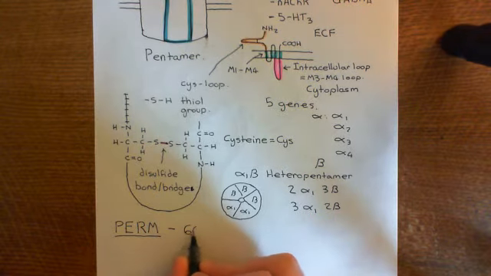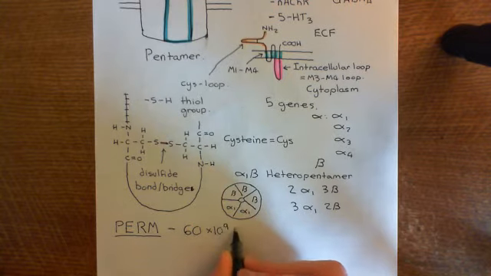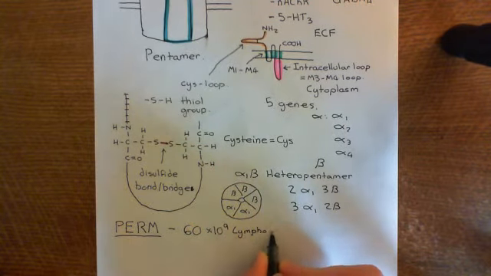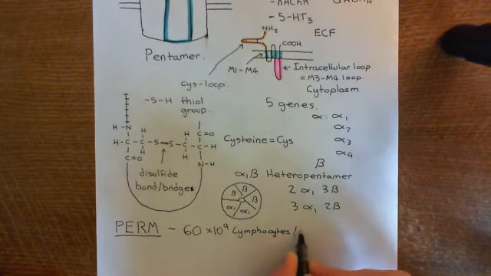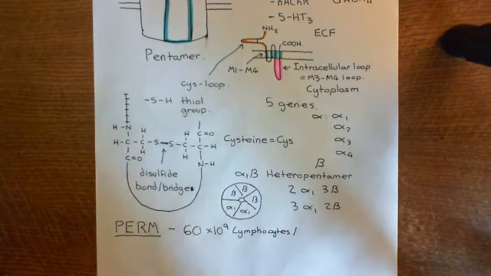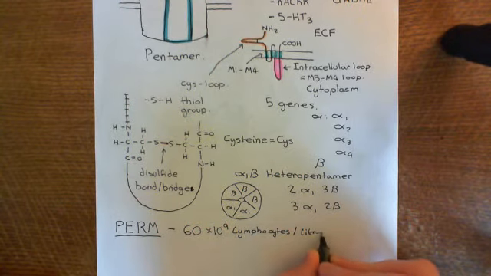You have around 60 times 10 to the 9 lymphocytes per litre of cerebrospinal fluid. That is not good. If you had a lymphocyte level of that, we'd think you had some sort of brain infection, or infection of the cerebrospinal fluid.